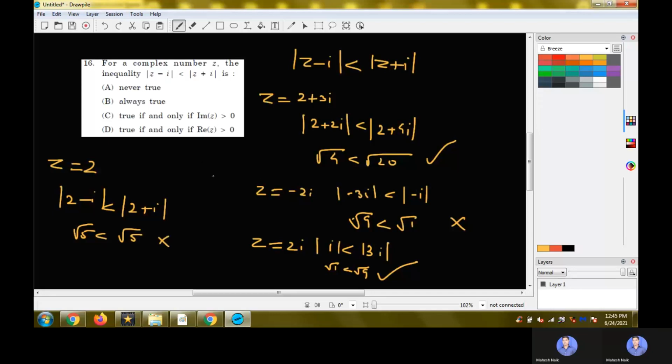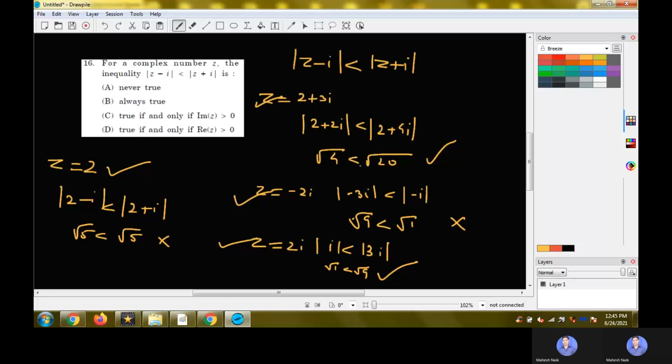So we have analyzed the real part being positive. We have analyzed the imaginary part being positive, negative, and a general complex number also. And we can see that it is not true when z is real.